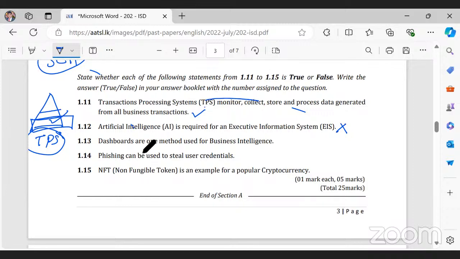113. Dashboards are one method of business intelligence. That is true. At a glance, we can understand what the situation of a particular thing is.